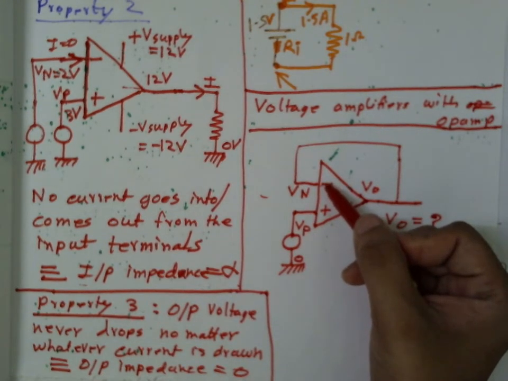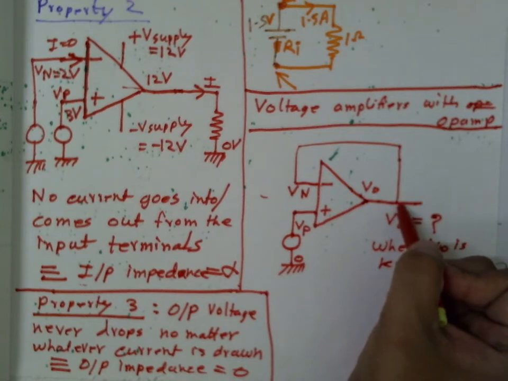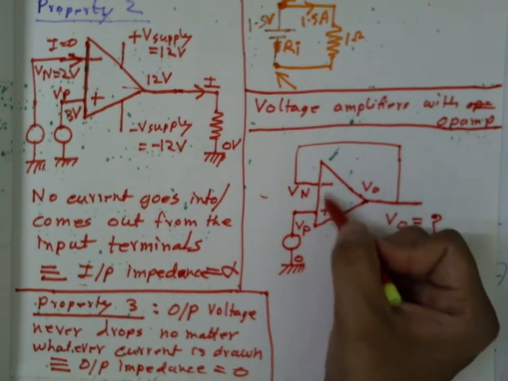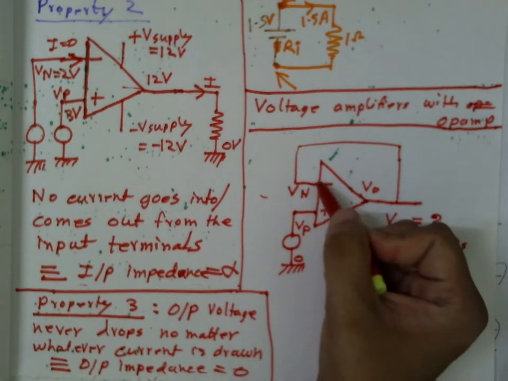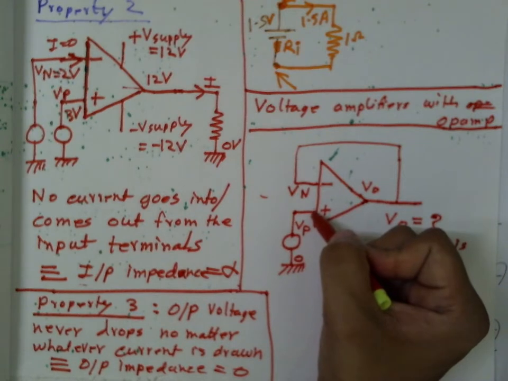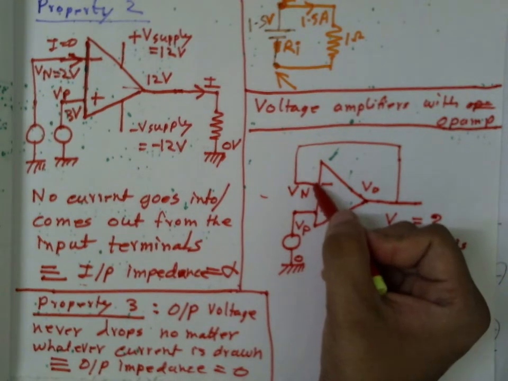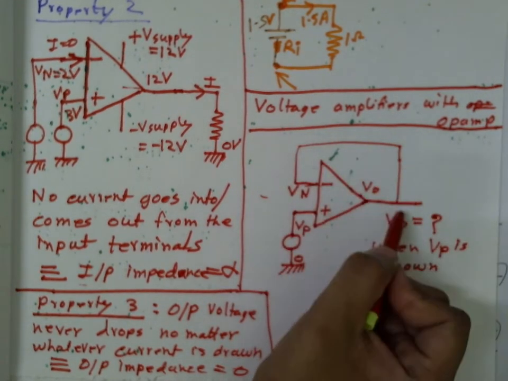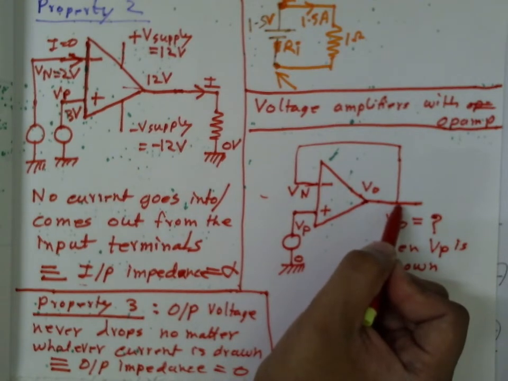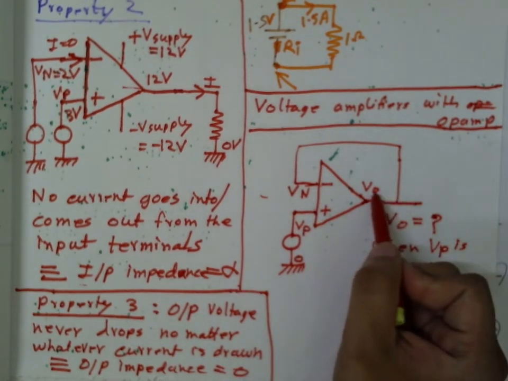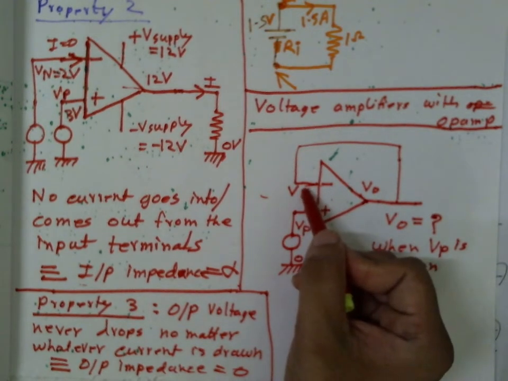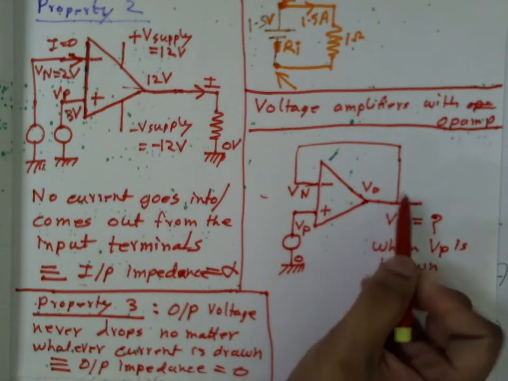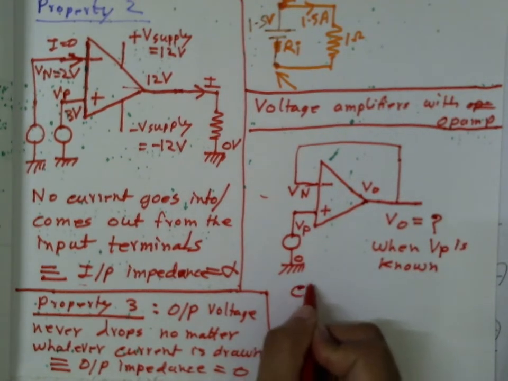If I know which one is higher, then I can say what the output voltage will be. But to compare these two, I need to know the value of both of these. This one I know, this one is given to me, but this one I don't know, because this one depends on the Vo itself. So which means to know Vo, I need to know Vn and Vp, and to know Vn, I need to know Vo.